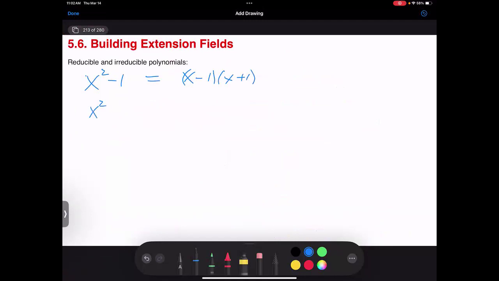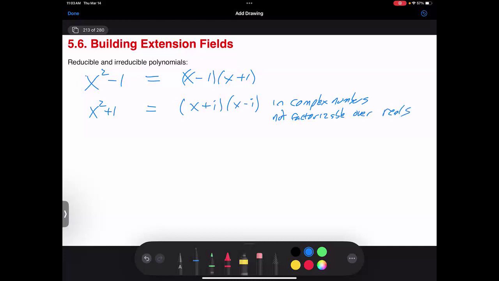What if I give you x squared plus 1? Can you factor that? Yeah, so this is x plus i, x minus i in the complex numbers. But no factorization over the reals.